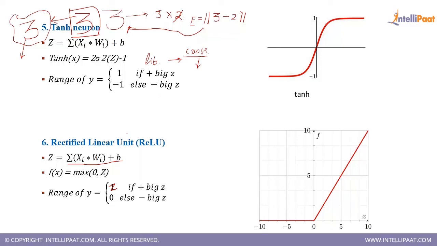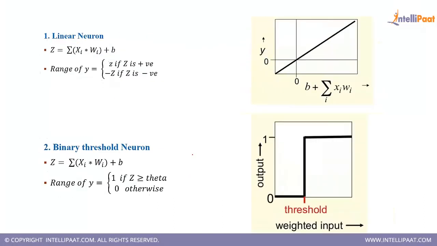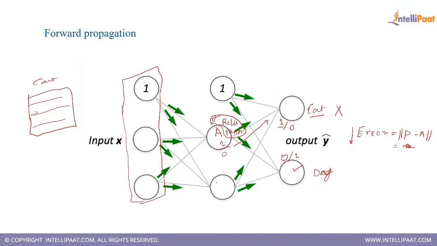Okay, and you need to understand why rectified linear unit, why tanh, what is the significance of your sigmoid. These three are very important activation functions. Each neuron will be activated based on whatever the functions are there.